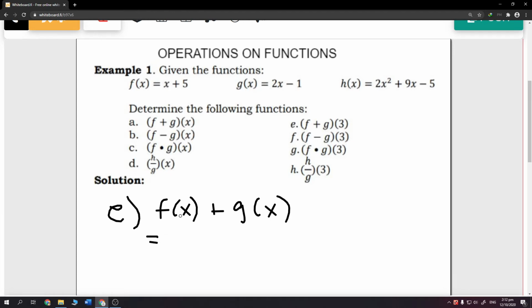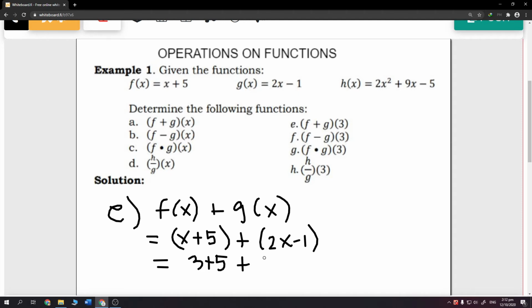Our f of x is x plus 5 plus g of x, we have 2x minus 1. So substitute 3, we have 3 plus 5 plus 2 times 3 minus 1.